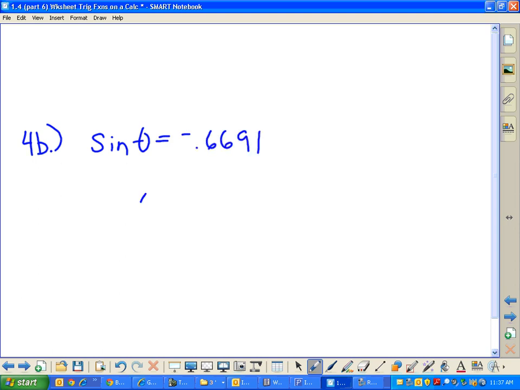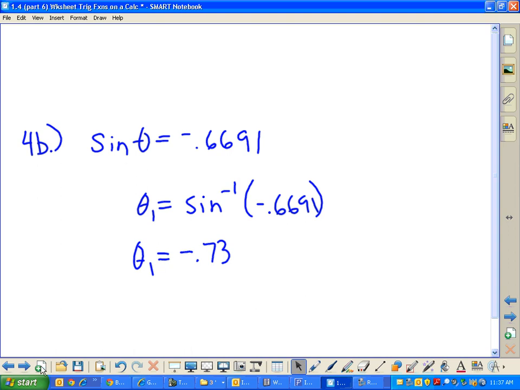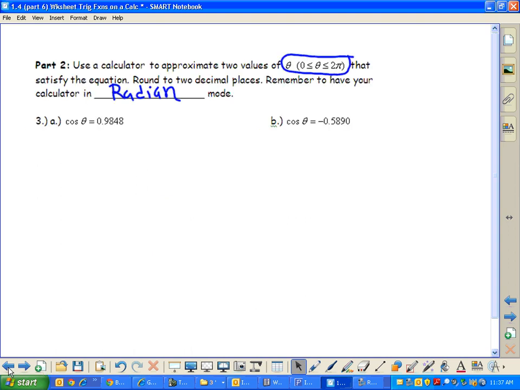To get the first value of theta, when you do sine inverse of that side and punch those buttons in your calculator, what your calculator spits out at you is about negative 0.73. The problem with that is that in this particular set of directions, they said they wanted theta to be between 0 and 2 pi.